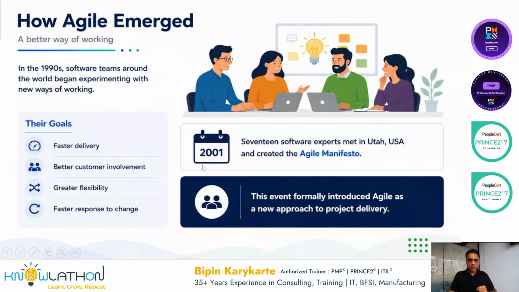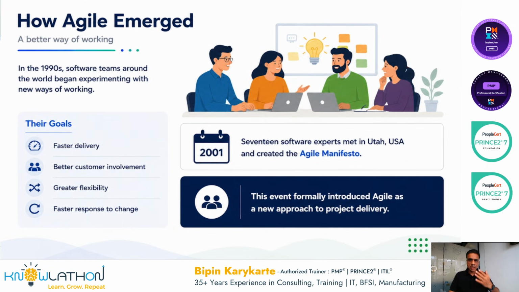So in 2001, 17 software experts met in Utah in the United States of America and created the Agile manifesto. If you go to the internet, just search for Agile manifesto. They have a very simple, plain website on which they have given the complete understanding of what they mean by Agile.